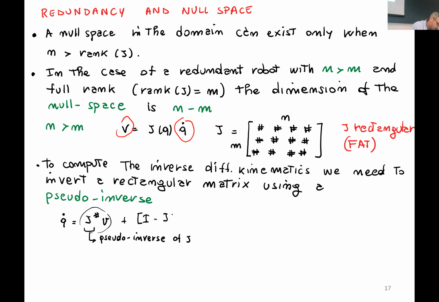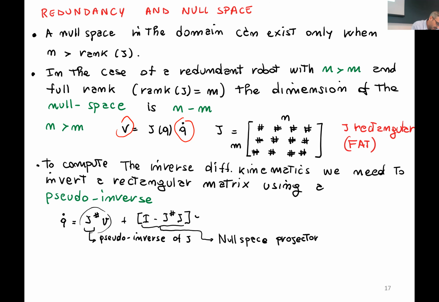To compute this null space component, we use the so-called null space projector, which is this matrix computed as I, the identity, minus J pseudo-inverse times J, and it's called the null space projector matrix.